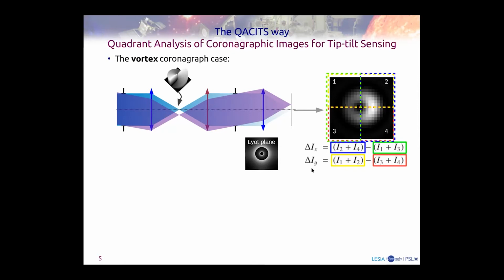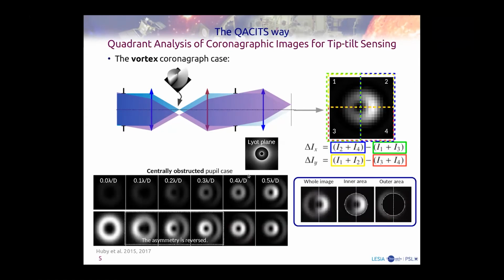And by just measuring this differential intensity, you can make an estimation of the centering error. And it's been shown that it's better to work on an area that is defined on an annulus, not on the whole image, because in your diffraction pattern, there are different components that behave differently with the centering error, and that can just bias your estimate.